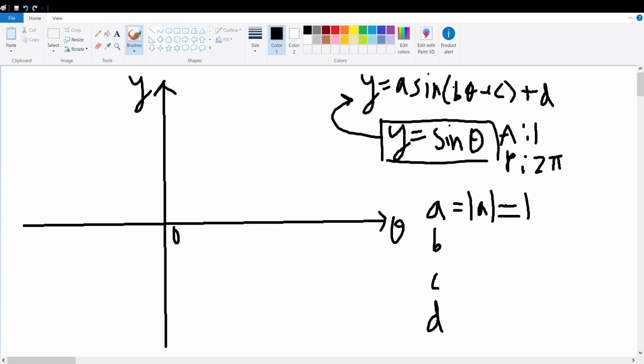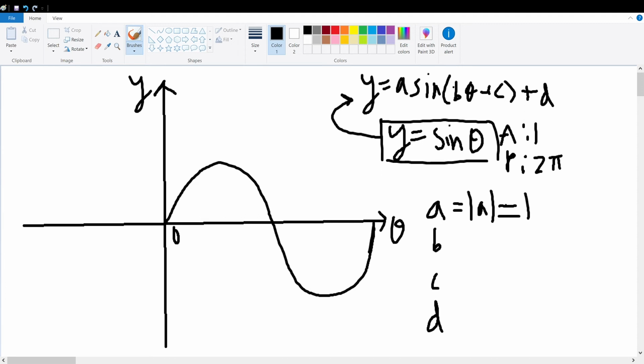It cannot go to the y value of 2, or 3, and so on. Likewise, the y value cannot reach below -1, such as -2 or -3. So let us draw out y equals sine of theta, which might look something like this.